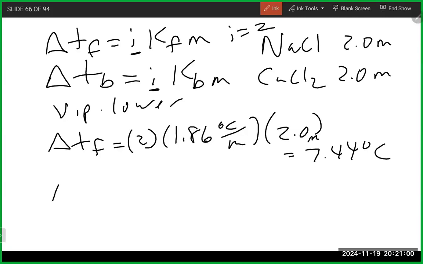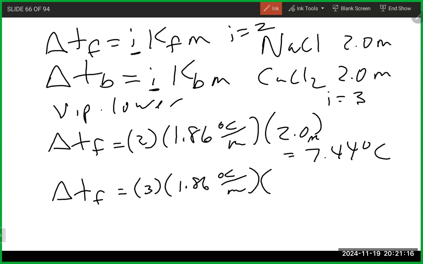Now, if you take the same molal solution, that is calcium chloride, i would equal 3 in this case because you get 1 calcium, 2 chlorides, more particles in that solution. Basically, we would put 3 times 1.86 degrees Celsius times molality times 2 molal. And that would give us 3 times 1.86 times 2.